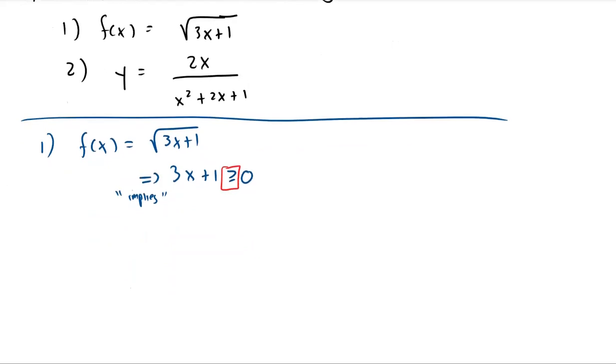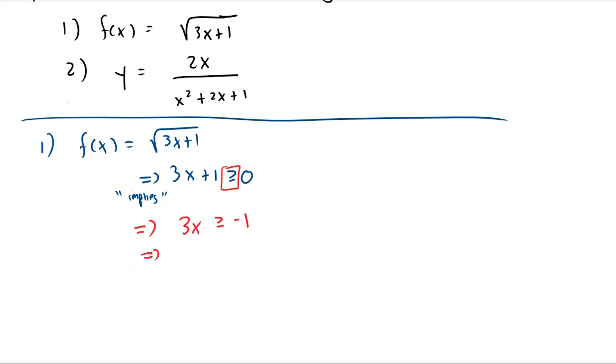But for now, if I want to solve for x here, that means you want to have x by itself on one side. Just as a refresher of how to solve inequalities, I'm going to subtract 1 from both sides. So I get 3x is greater than or equal to -1. Right? 0 minus 1 is -1.